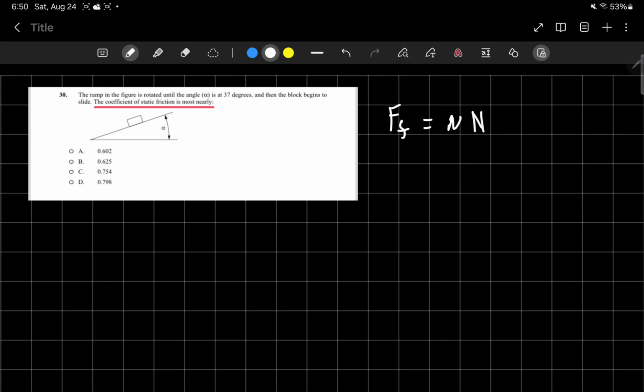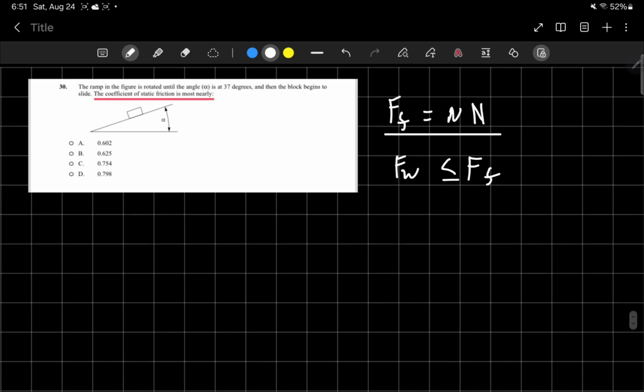And for the object to begin to slide, this friction force needs to be less or equal to the force that's trying to make it slide. In this case, it's the object's weight. So we just need to find our mu here.